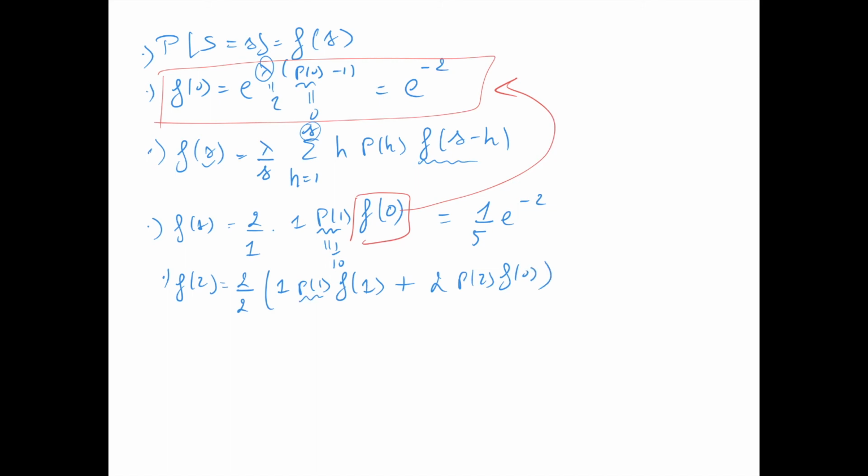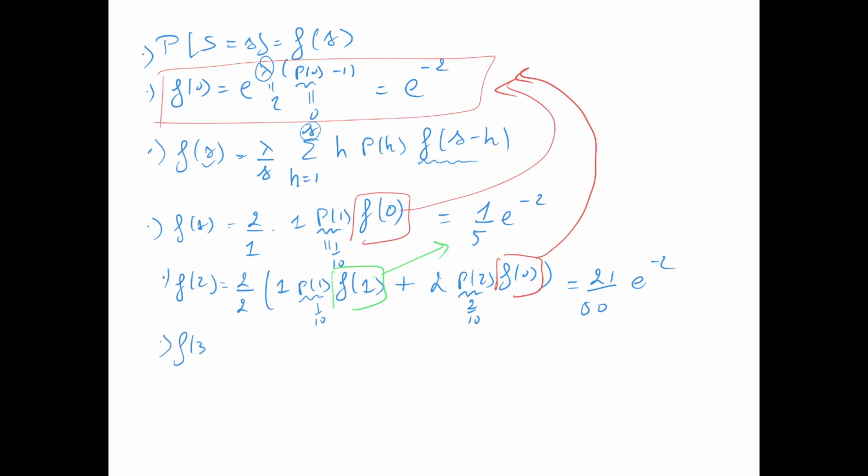We know that p1 is equal to 1 over 10, p2 is equal to 2 over 10, f0 was calculated in the first step, and f1 is calculated in the previous step. So using the results of the previous steps, you can know all the numerical values. If you put it all together, you get 21 divided by 50 e to the power minus 2.